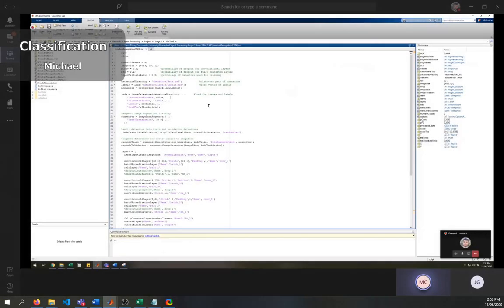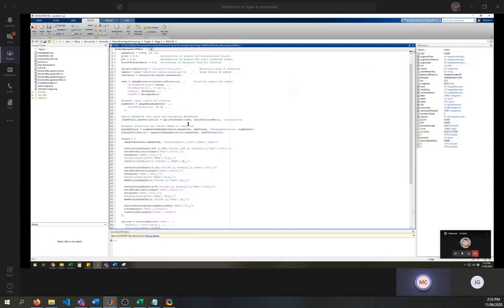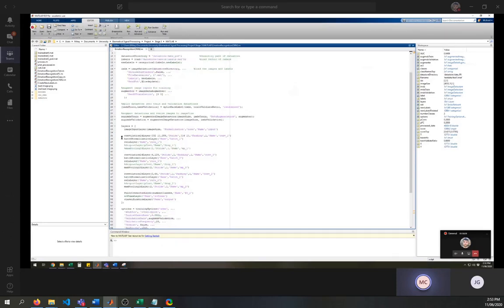All right. So for our classifier, we decided to use a convolutional neural network through the Deep Learning Toolbox in MATLAB. The structure we used was a first layer with 1D convolutional filters of size 32 by 1, and we had 256 of those.